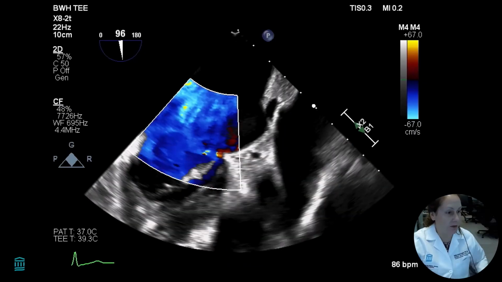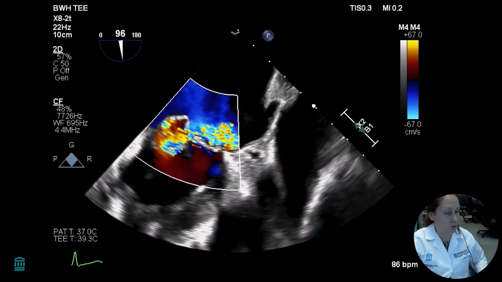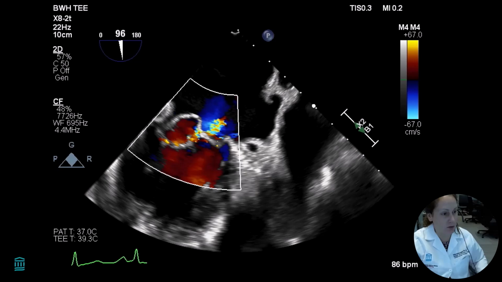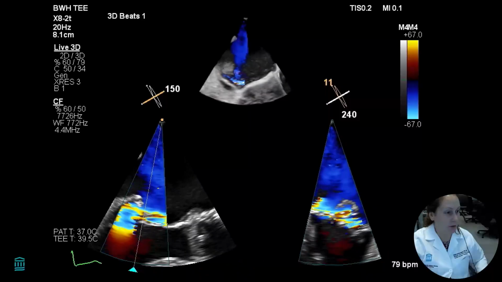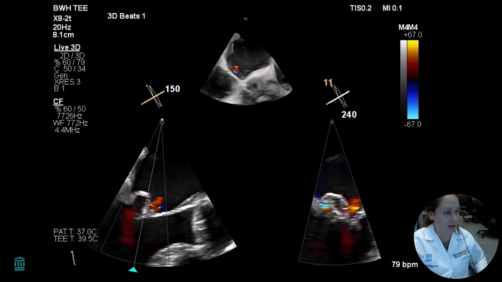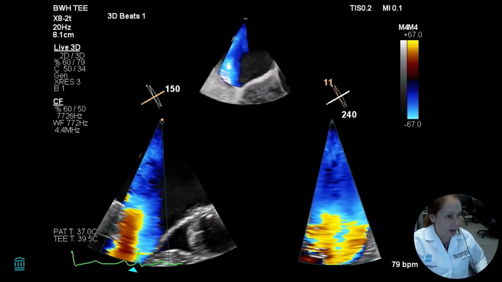And then the largest view will be at 90 degrees, coming to 120, where you will see this prolapsing scallop. And here we isolate the jet in order to have a more comprehensive 3D vena contracta and 3D ROA.